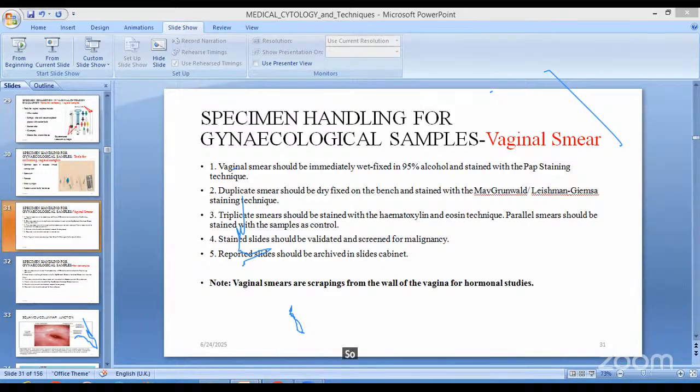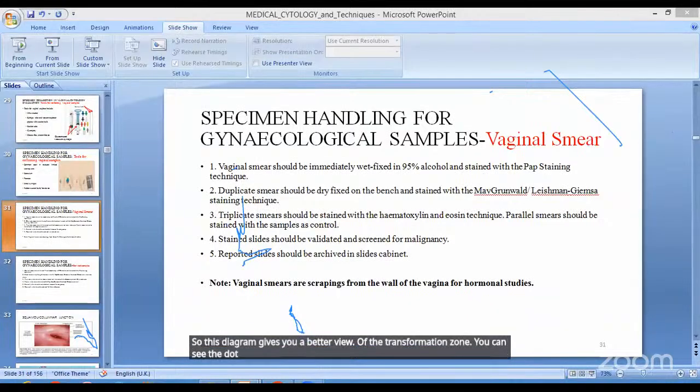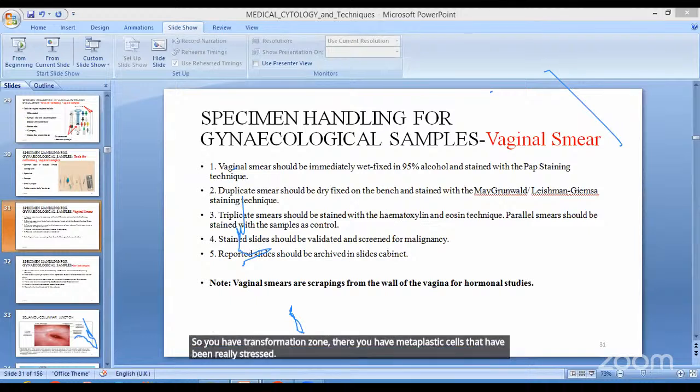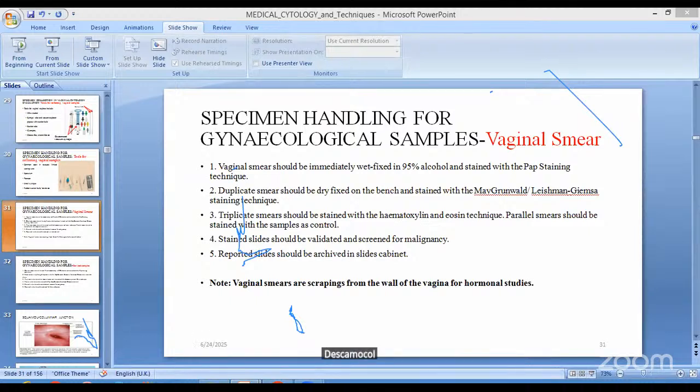This diagram gives you a better view of the transformation zone. You can see the dotted arrow. The uterus will always move after each birth. So you have the transformation zone. There you have metaplastic cells that have been really stressed. The squamous-columnar junction, where the speculum will rest, and the spatula will be able to reach the endocervix from the ectocervix.